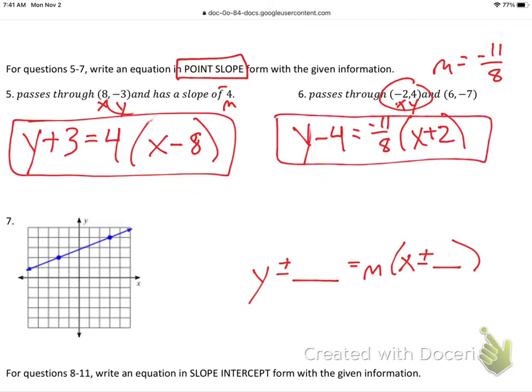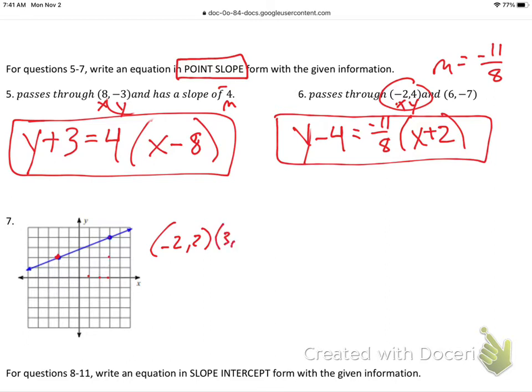All right, 7. So 7's a little bit different because not only do I have 2 points, but I don't even have the coordinates. So this one right here would be negative 2, positive 2. And this one would be 1, 2, 3, and then 1, 2, 3, 4.